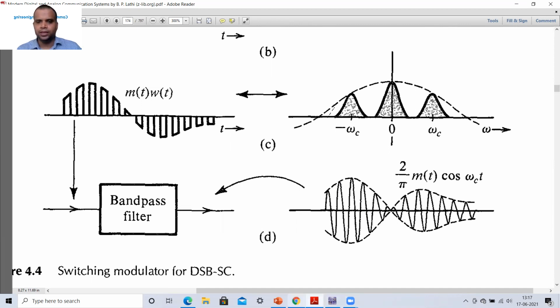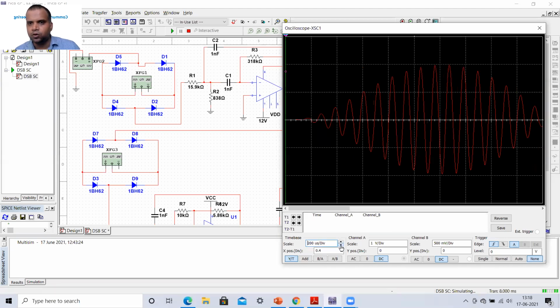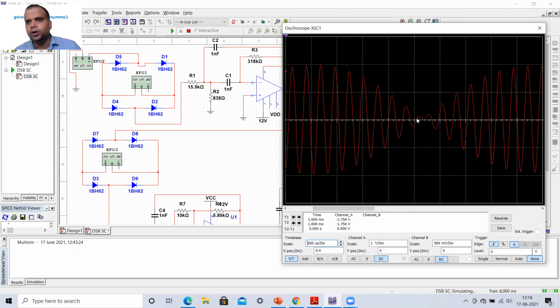So the same thing we are also observing on this particular output. Here I just enlarge this output so that you will be able to observe it clearly. So now you must be able to see there is a 180 degree phase shift of the carrier. So this way we will be able to generate our DSBSC signal very easily by having this switching modulator.